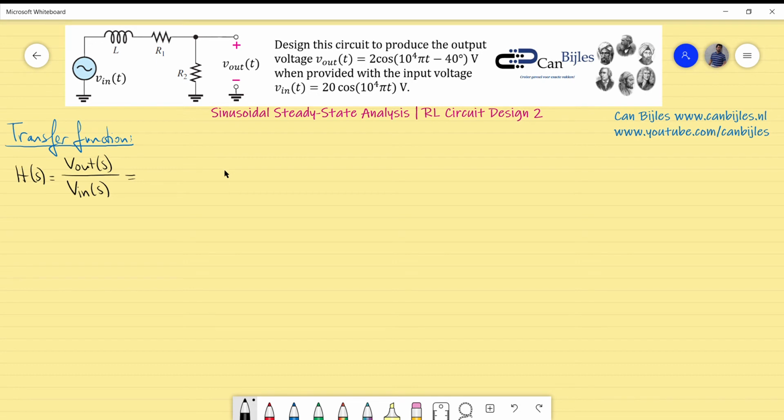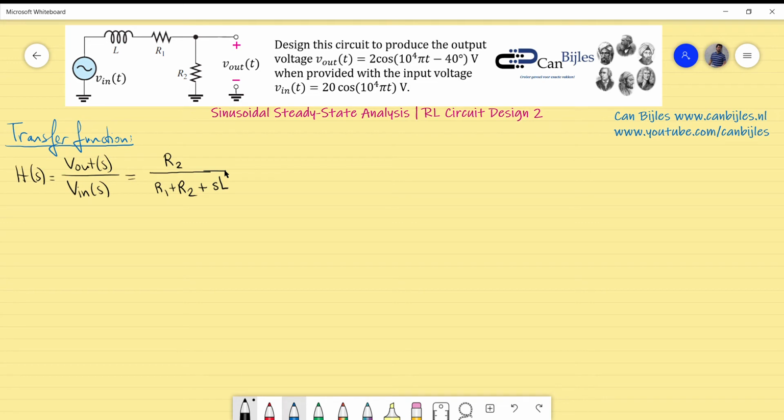So it's actually the following. I have R2 divided by R1 plus R2, all in series, plus the Laplace parameter used for the reactance of the inductor, which is SL.